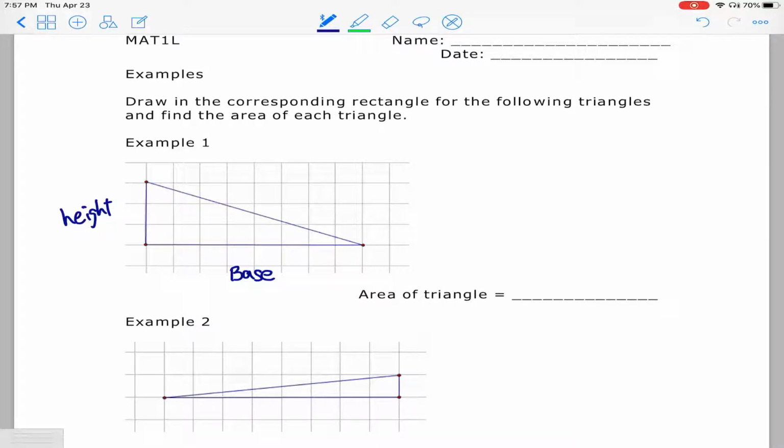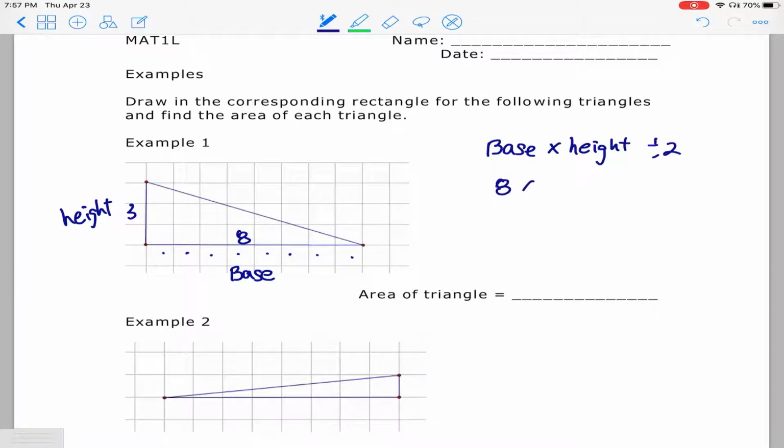So for the rectangle, it has a length and width, whereas the triangle has base and height. So for the area of this one, all we have to do is base times height and then divide by 2. So here our base is 1, 2, 3, 4, 5, 6, 7, 8. So that's 8. And we have the height of 3.